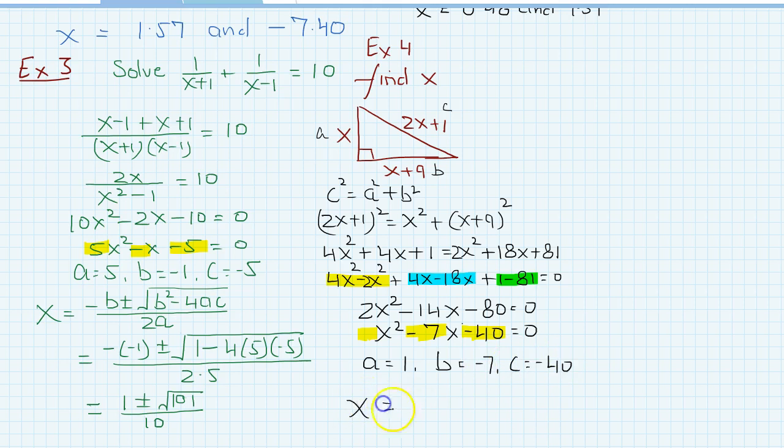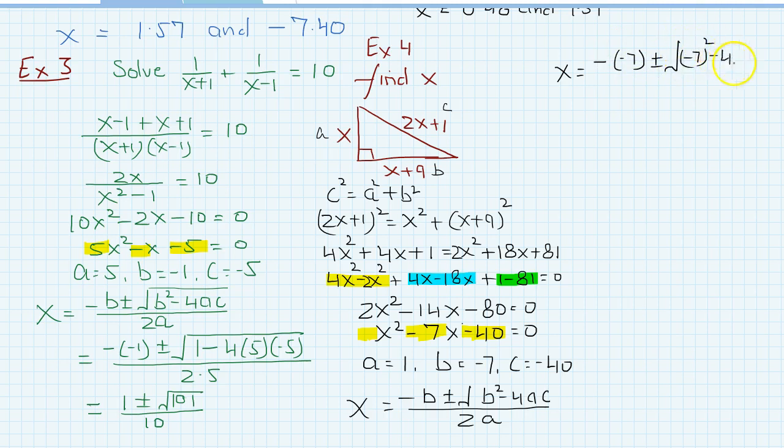So the formula is x is equal to minus b plus minus root b square minus 4ac over 2a. We put these values, so x is equal to minus b is minus 7, plus minus root b square, minus 7 square, minus 4, a is 1 and c is minus 40, over 2 multiply 1, 2a.